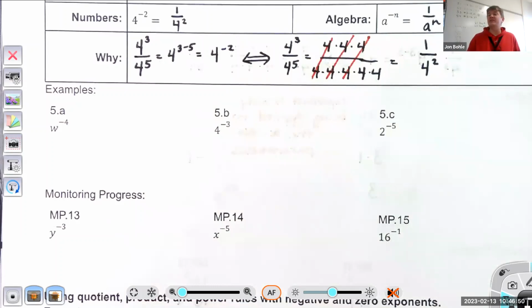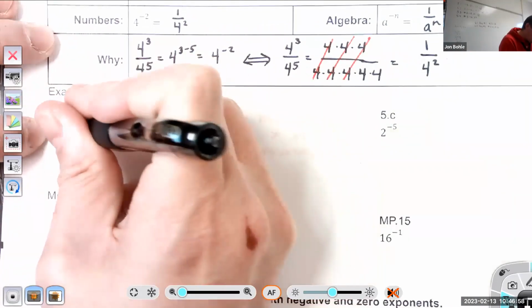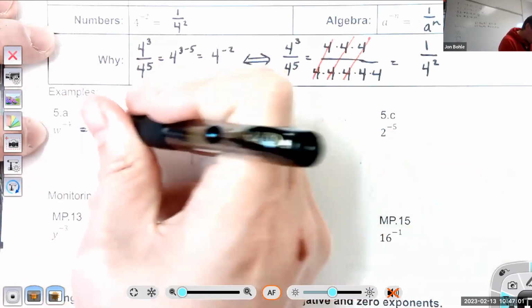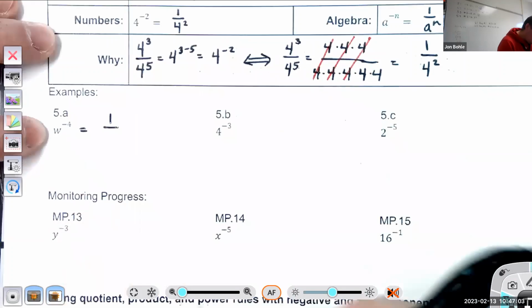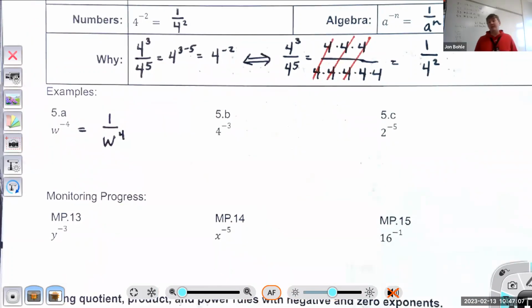So your answer always has to be written with a positive exponent. So let's go ahead and do W to the negative fourth power. What do I have to do to make that happen? It's going to be 1 over W to the fourth. Or I put the W under a 1 and make its exponent positive. If you're looking for just the kind of cheap trick to get you to the correct answer.